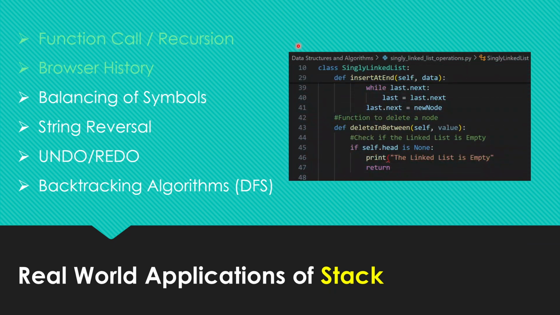It's also used for balancing of symbols. Of course, this is Python, and Python does not have as many symbols as C, C++ and even Java. In Python, one of the common symbols we have is the round brackets. Every opening round bracket must be closed, so we have an opening and a closing one.